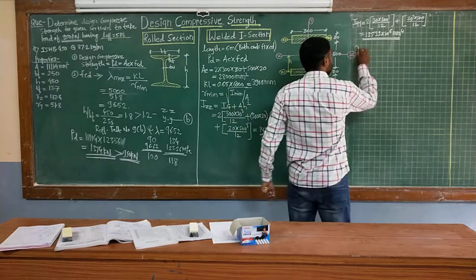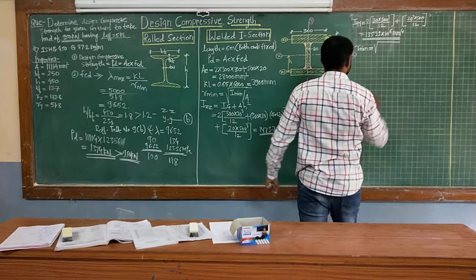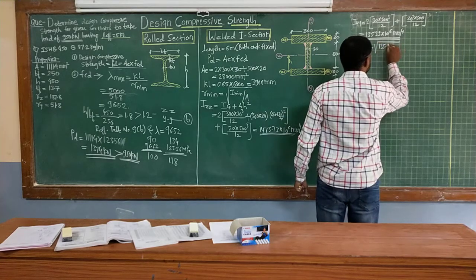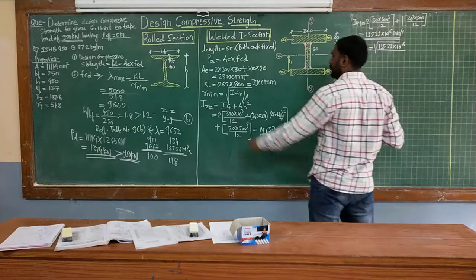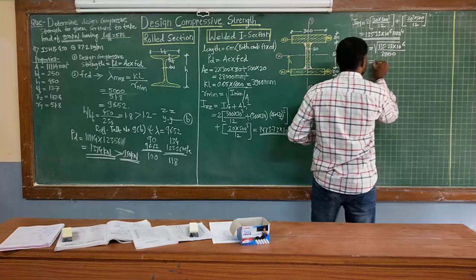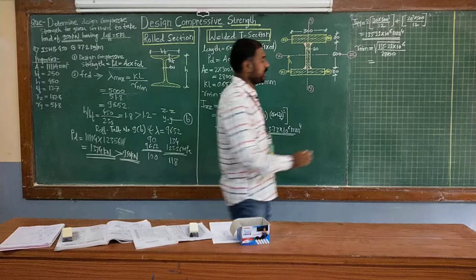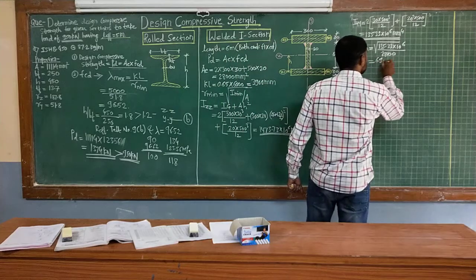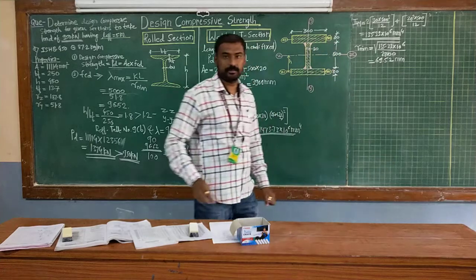So r minimum will be equal to under root of 135.33 into 10 raised to 6 divided by area. Area is 28,000. So r minimum value you are getting as 69.52 mm. Radius of gyration r minimum, correct?